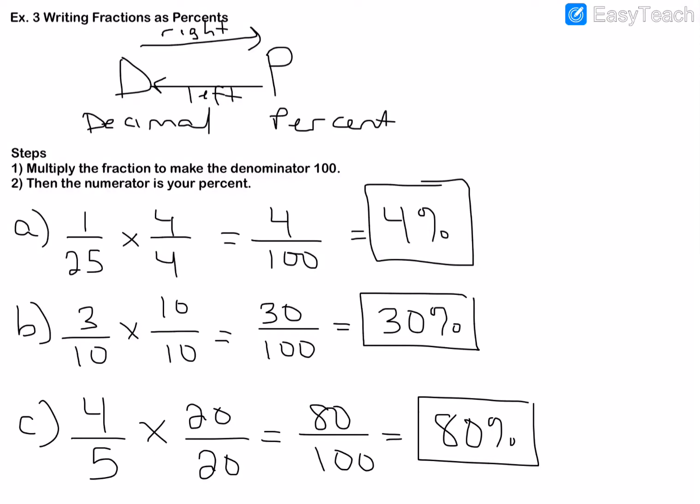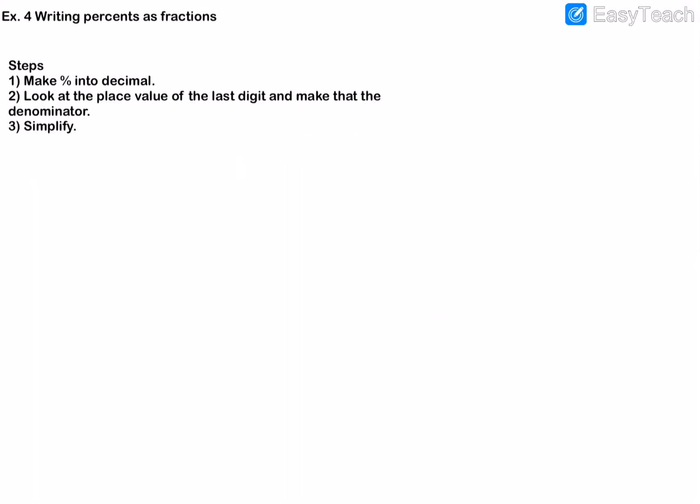Okay. So then let's move on to writing percents as fractions. This one has 3 steps, okay? First thing you need to do is make your percent into a decimal. That's why we reviewed that on the previous video.